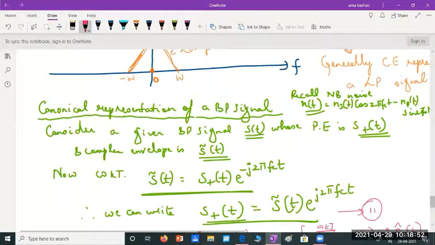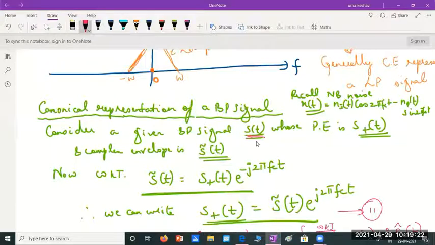See here. I hope you understood till what we did in the last class, right? Canonical representation of bandpass signal. Here, please listen carefully. A bandpass signal, we have considered a given bandpass signal as S of t. It's just a given signal.